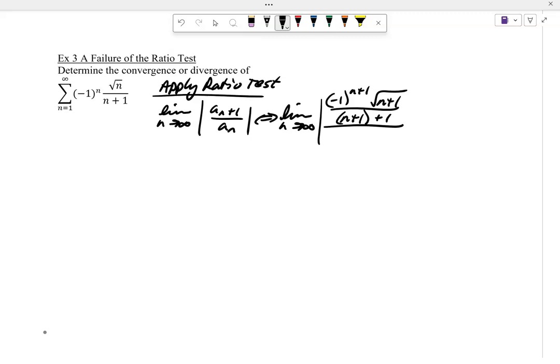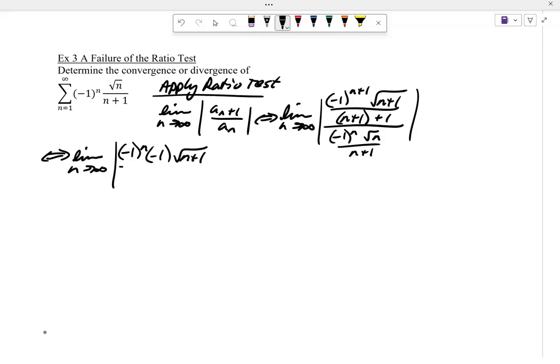This is all over negative 1 to the n, square root n over n plus 1. And I got square root n plus 1.